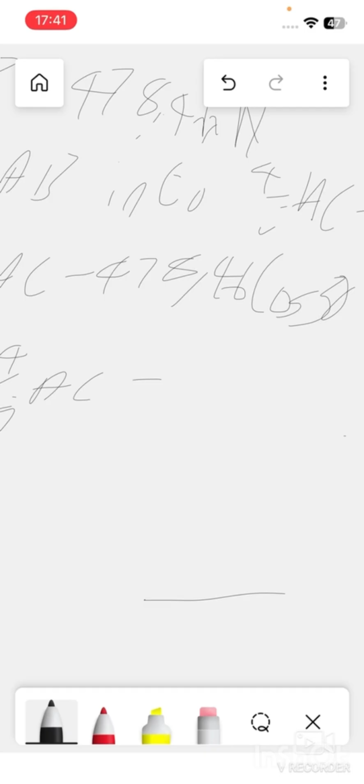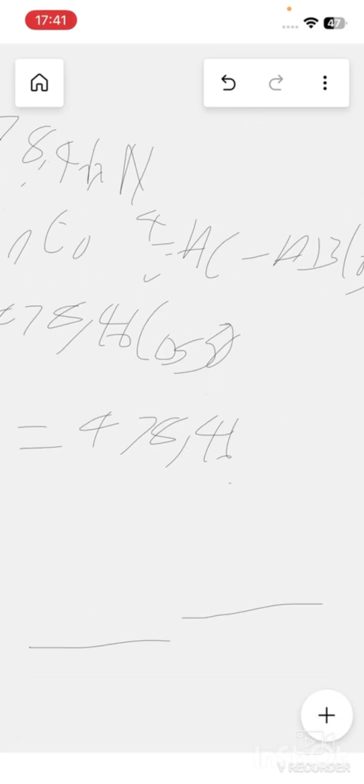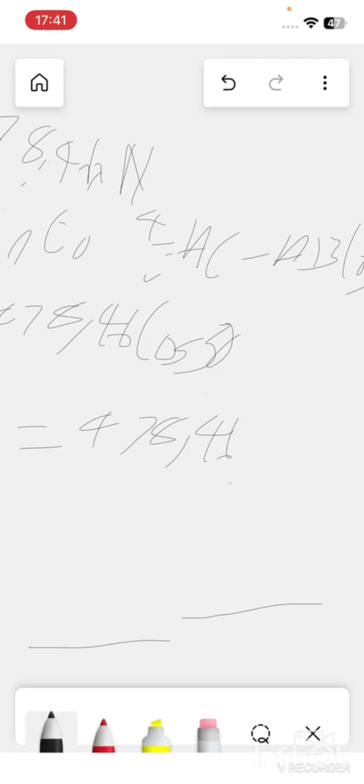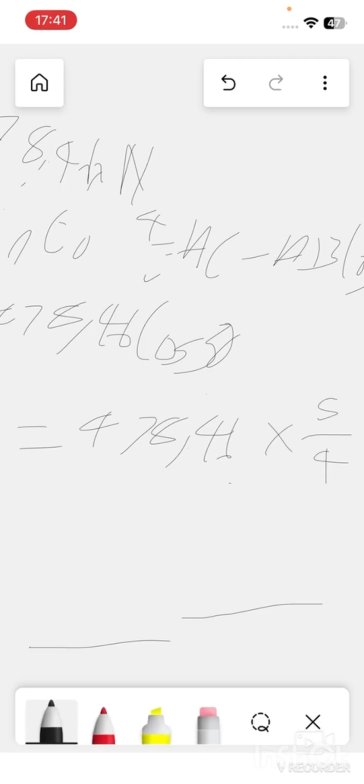Therefore, we transpose this number, which is 478.46, and multiply it by 5 over 4.